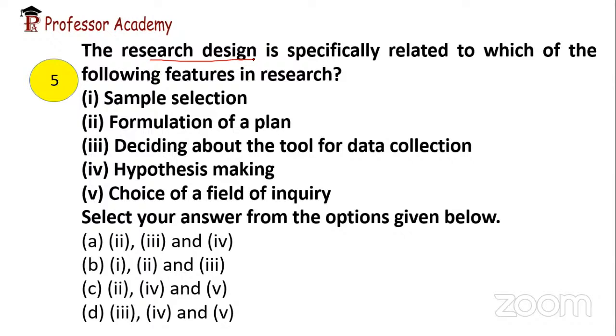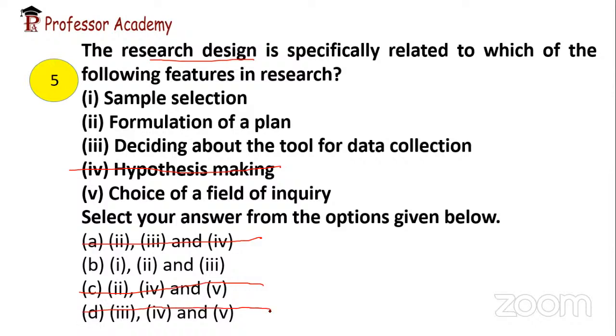We can very surely eliminate one of the options here, that is hypothesis making. The formulation of the hypothesis is a step just before forming the research design or study design. So option 4 can definitely be eliminated. Going through the options, option A, option C and option D all consist of hypothesis making.